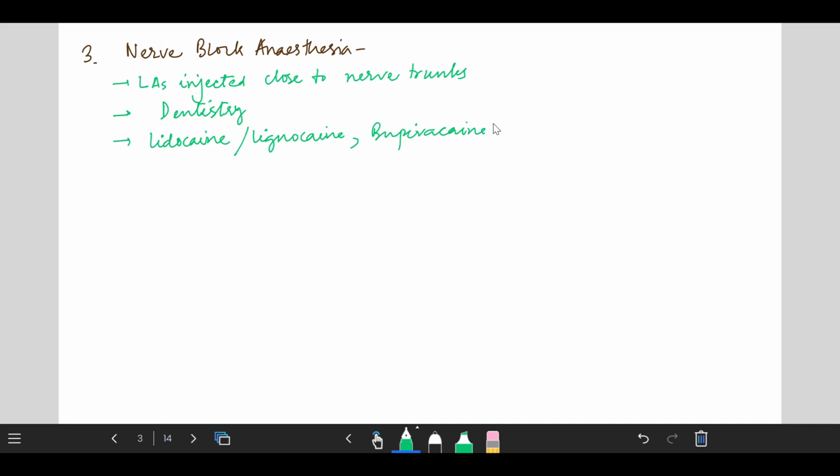Now, the three things we have studied are surface anesthesia, infiltration anesthesia, and nerve block anesthesia. We will understand these three through a picture. Okay. So, let's assume this is a skin layer.